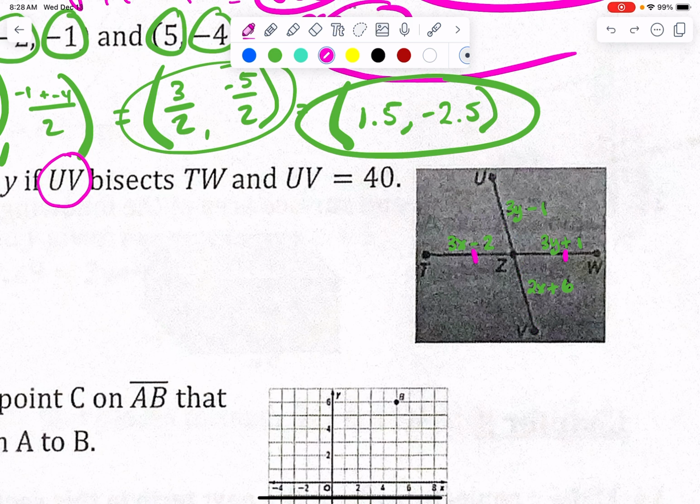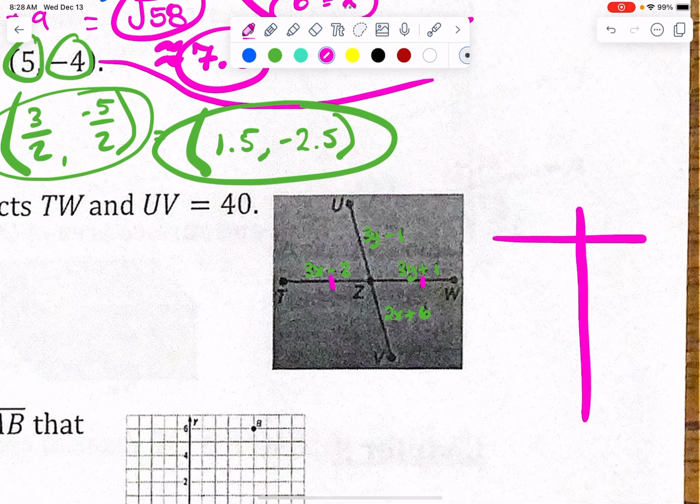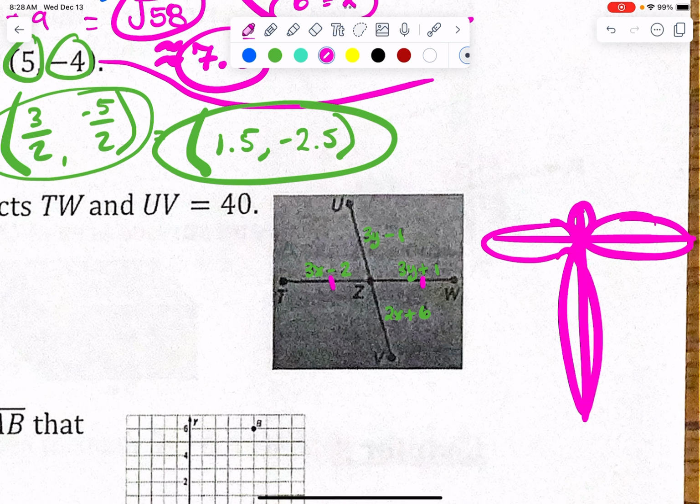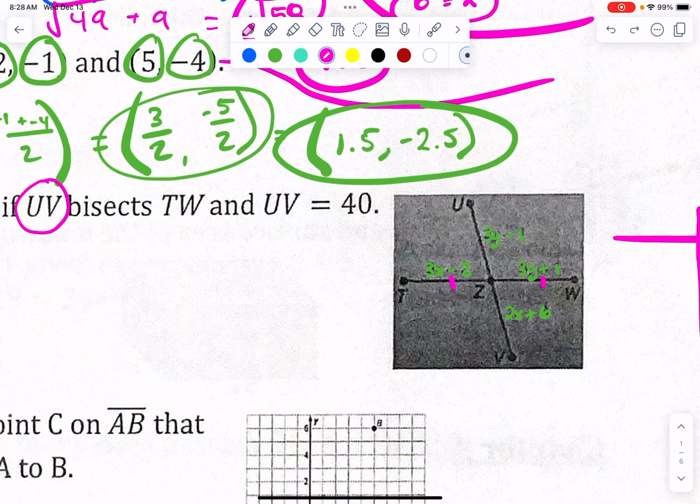What is not true, according to this, is that the top and bottom are the same. If it's bisecting, it could bisect like this, where this side is the same as this side, but this is not technically the same as the bottom. So the top and bottom are not necessarily the same, just the two sides are the same, that we know of right now.